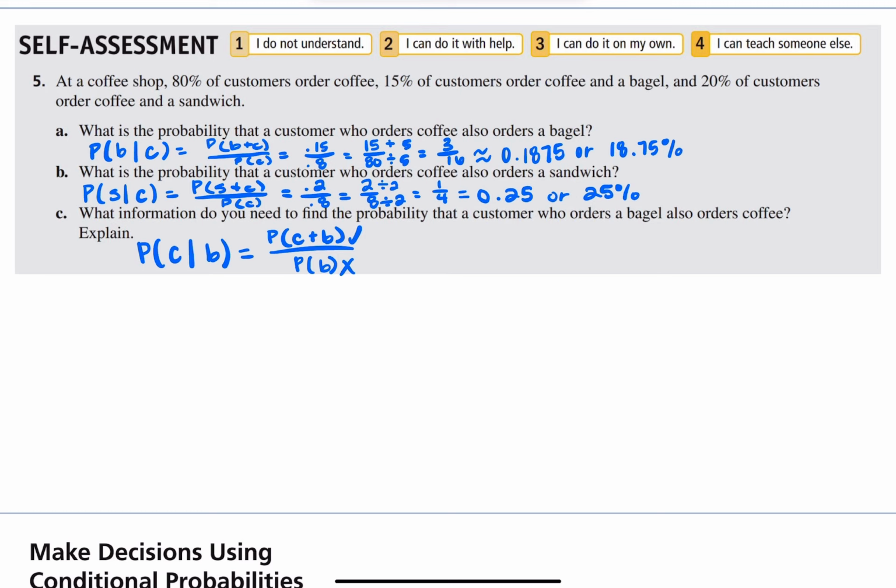So we would need to know, actually, let's reword that. We would need to know the percent of customers who ordered a bagel. That is what we're missing from that formula.